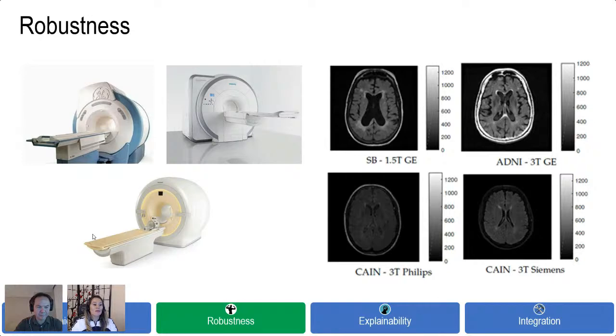What I felt was that the main consideration was image quality. So how is the image actually going to be perceived and looked at by the physician? Image quality in terms of SNR and CNR, signal to noise ratio, contrast to noise ratio, as well as whether it's actually measuring the pathology of interest.